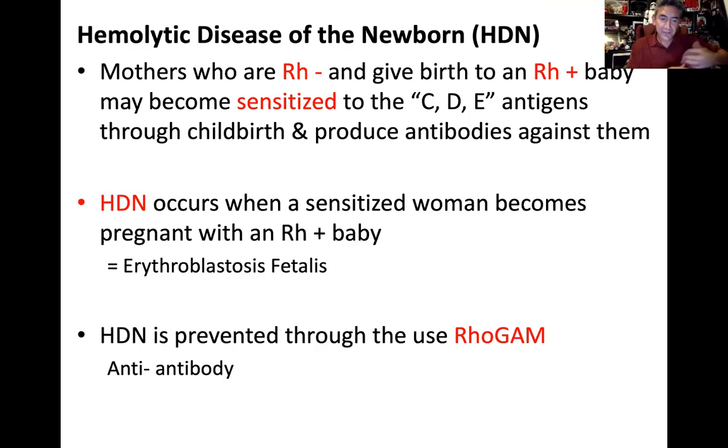They prevent the second Rh positive child from getting attacked by mom's immune system. So it's a neat development of medication, and a neat type of immune response, knowledge, adaptation to prevent this HDN disease.